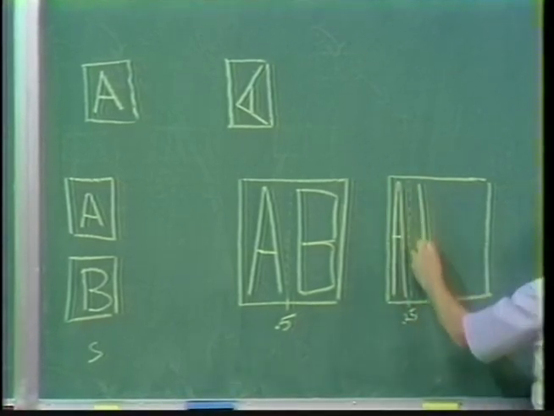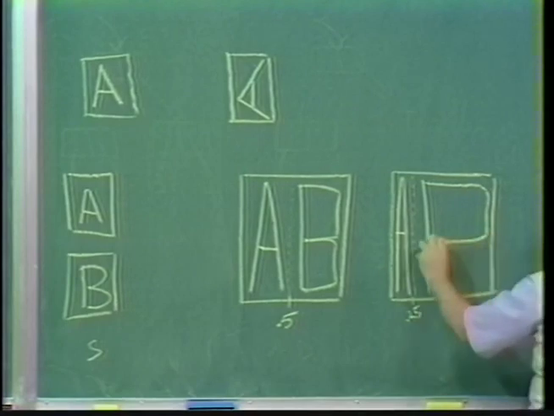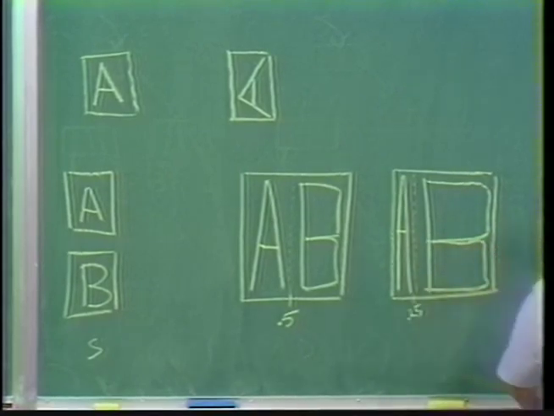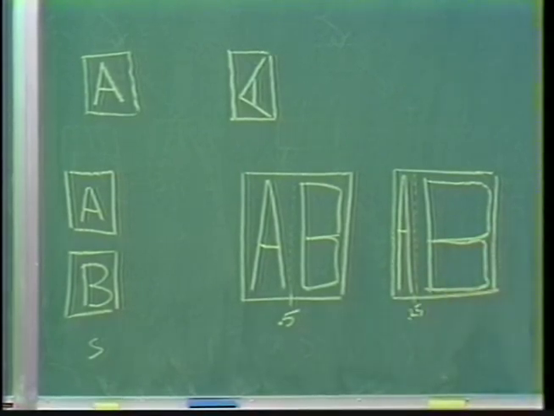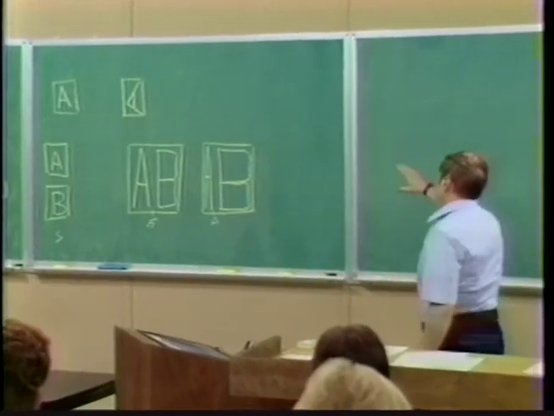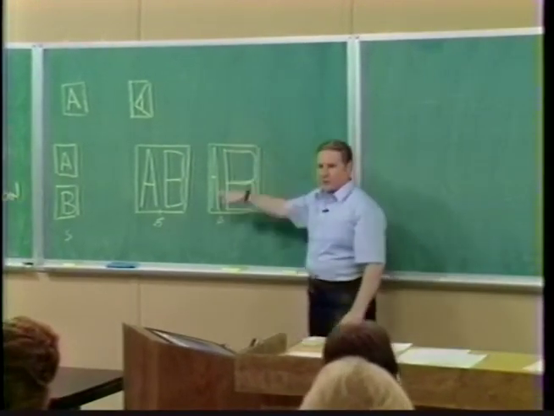So I would draw something like that. Okay, so there's a means of combination beside. And similarly, there's an above, which does the same thing, except it puts them vertically instead of horizontally.